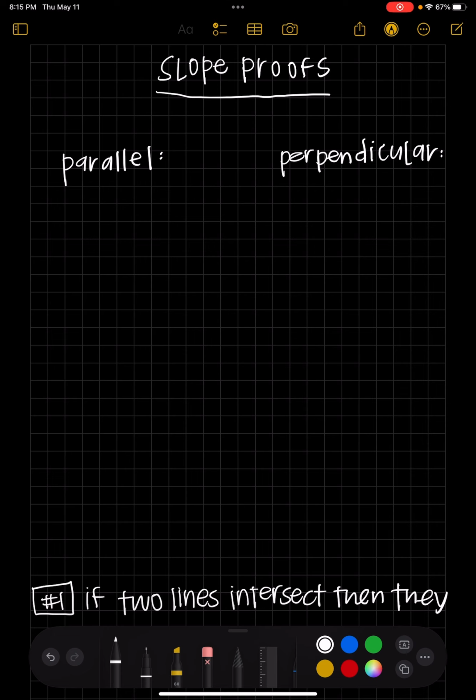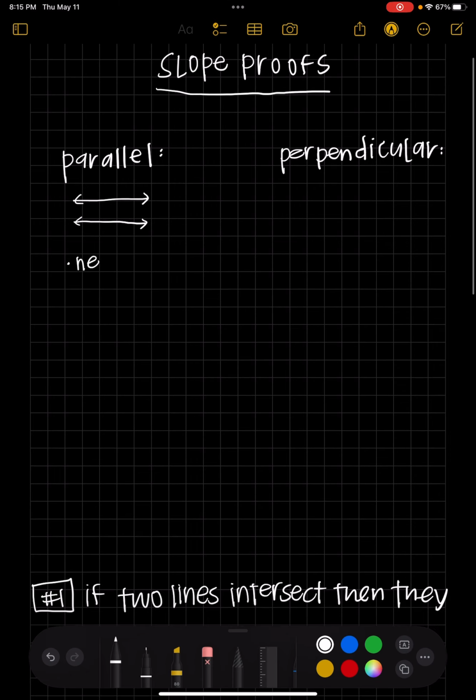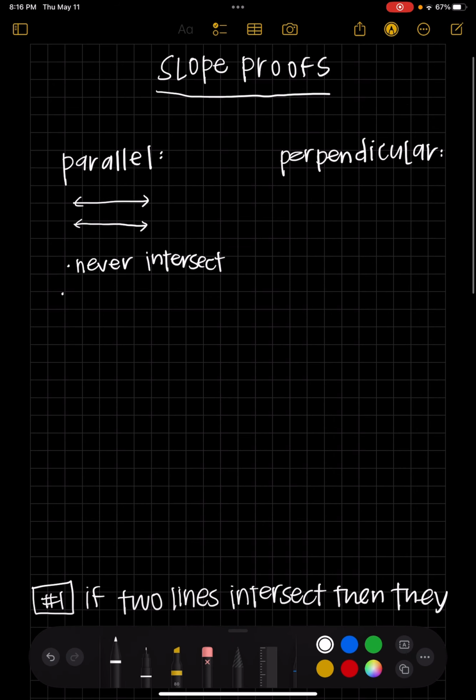So parallel lines are lines that have the same slope, and they look exactly the same. So they're kind of like this. The first thing to know is that they will never ever intersect, and this is because they have the same slope.